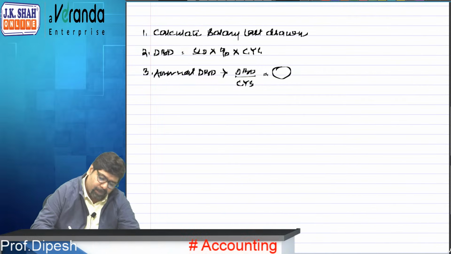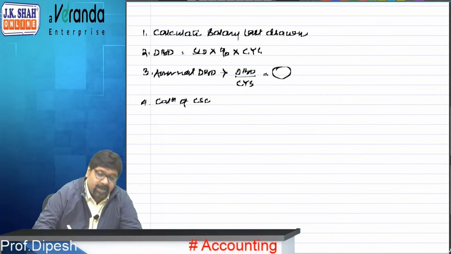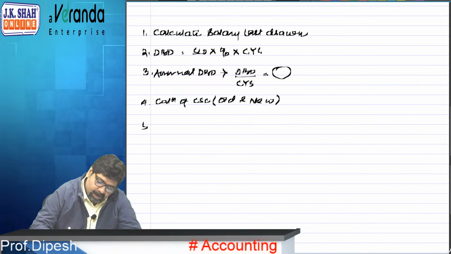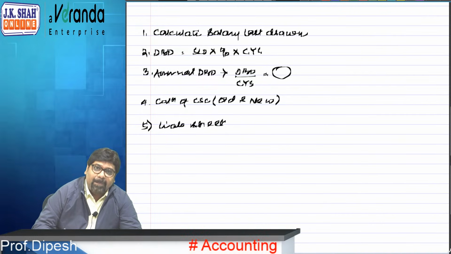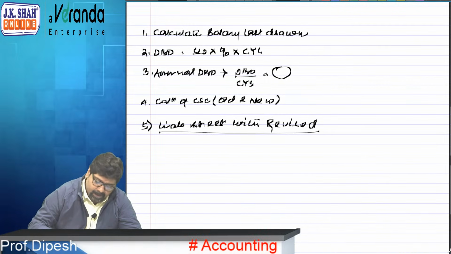Correct? Number 4, calculation of CSC, old and new if there is a revision. Then you will prepare the liability sheet with revised figures.